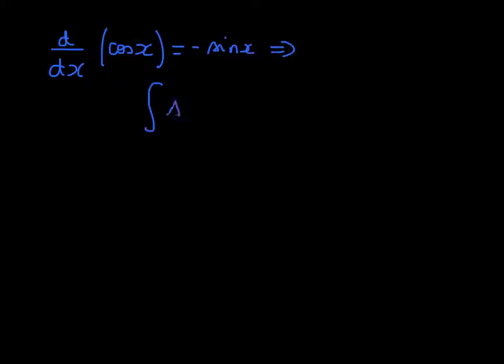In the same way, we have two other formulae for integration coming from the formulae of differentiation. Remember, when we differentiate with respect to x, cos x, we get minus sine x. Therefore, integral sine x dx equals minus cos x plus c.